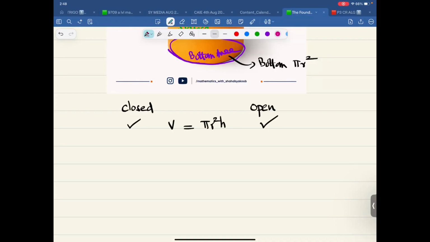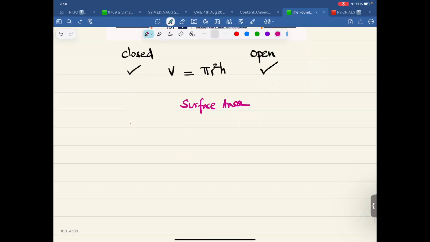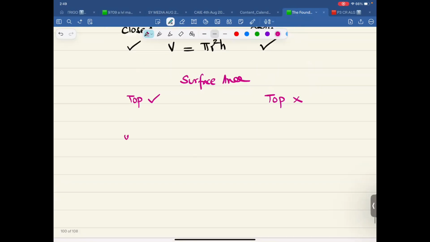When we talk about the surface area, in a closed cylinder, the top is there. In an open cylinder, the top is missing. The curved surface area is there in both of them.